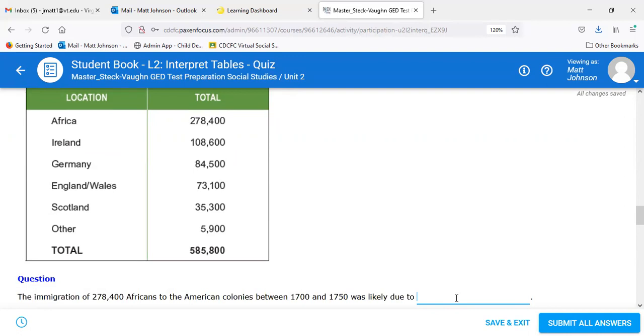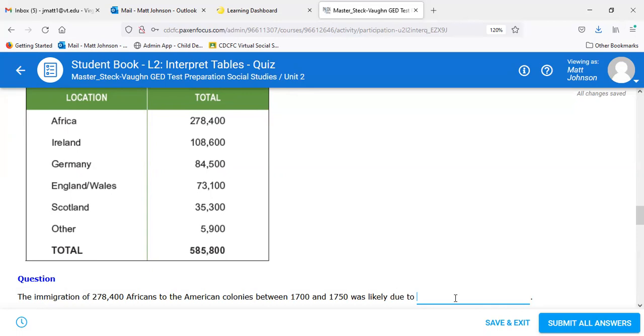So it's going to make us rely a little bit on some of the previous lessons and things we've learned. We talked about the Atlantic slave trade some in past lessons, and it's going to make you draw on that a little bit in order to think about that.